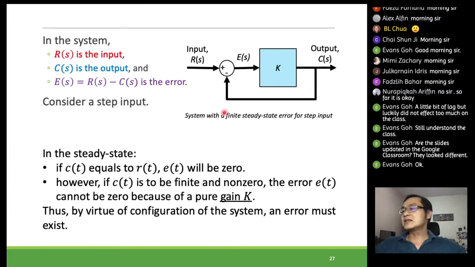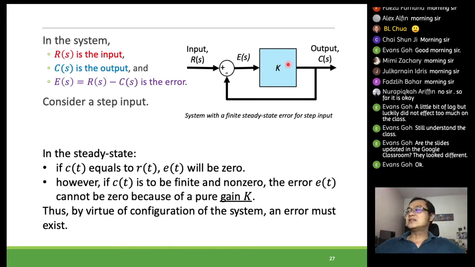So this is the case. And this steady state error is mainly because of the gain here, the k value over here, right?